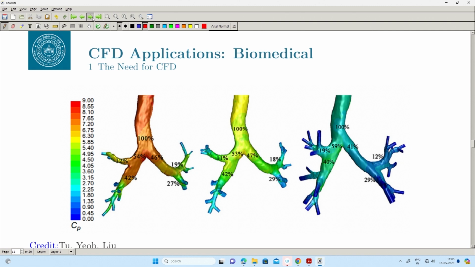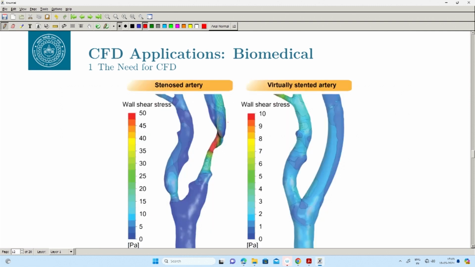And then here, for example, you put a stent in the artery and you want to see how the stent is working. What you see on the left is the stenosed artery, and on the right is the virtually stented, basically the CFD simulation. You can compare the two with one another and probably arrive at a conclusion about how the stent might be behaving.